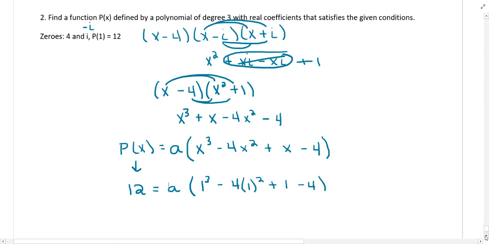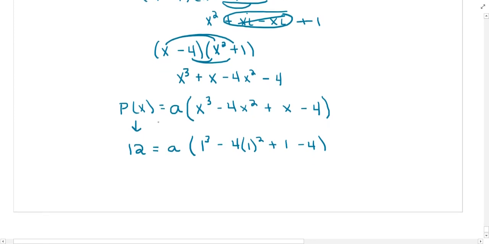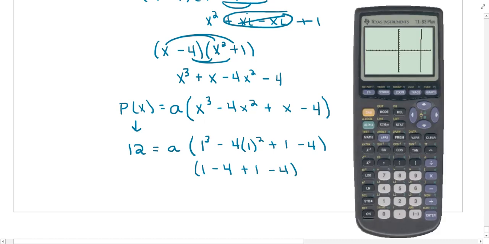So 1 cubed is 1, minus 4 times 1 squared, so 4, plus 1 minus 4. So 1 minus 4 plus 1 minus 4. So we get negative 6.